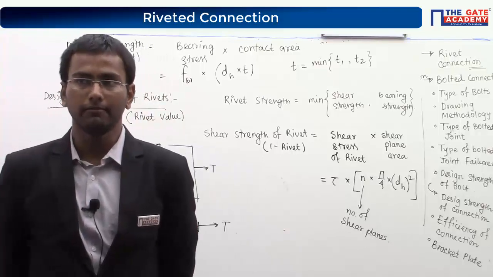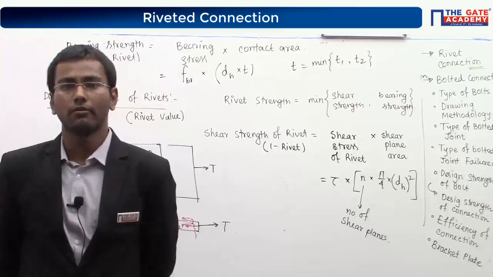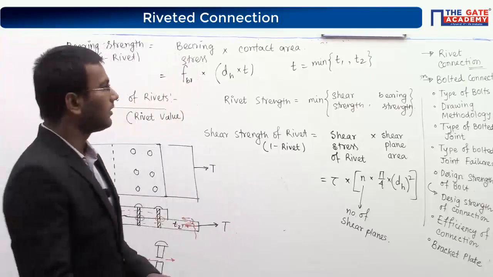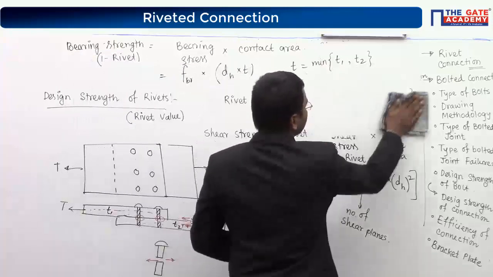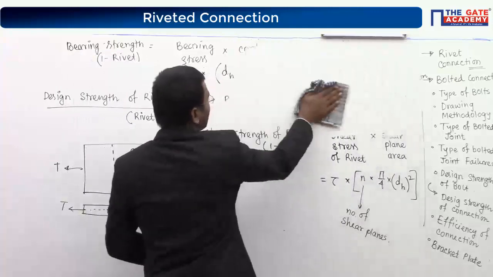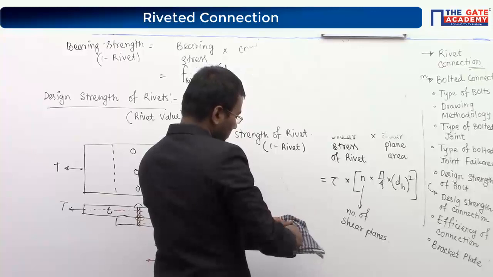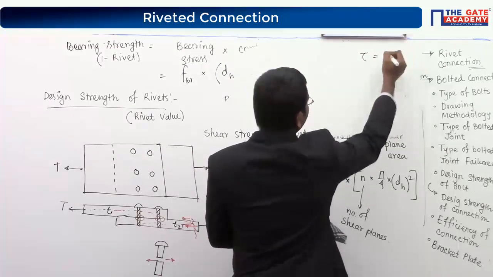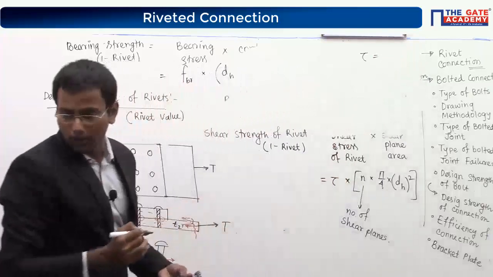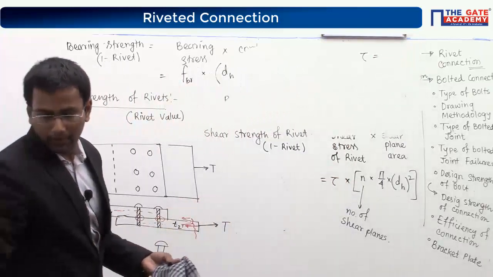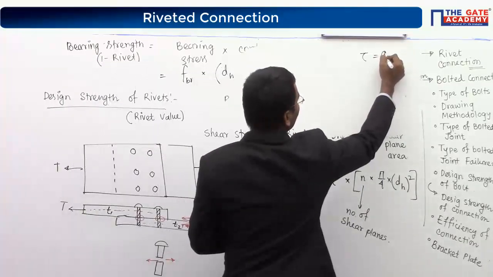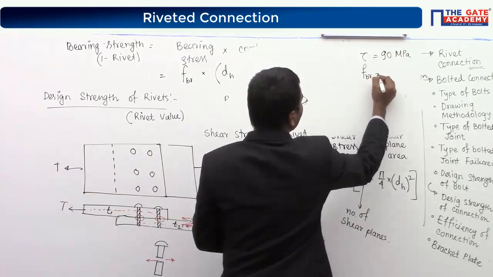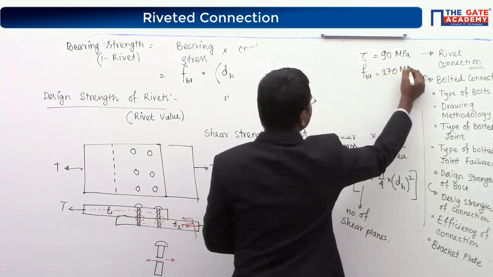in kilonewton. Given shear stress tau equal to 90 megapascal and bearing stress F bearing equal to 270 megapascal.